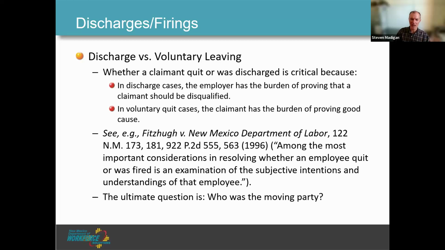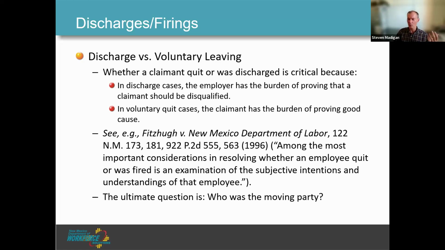Then this is another case here in New Mexico that was actually against this agency back in 1996. I'll just read the quote there: among the most important considerations in resolving whether an employee quit or was fired is an examination of the subjective intentions and understandings of that employee. So this is where we get the moving party.